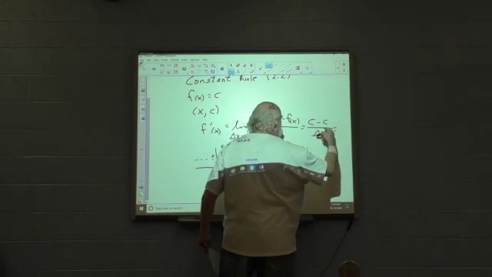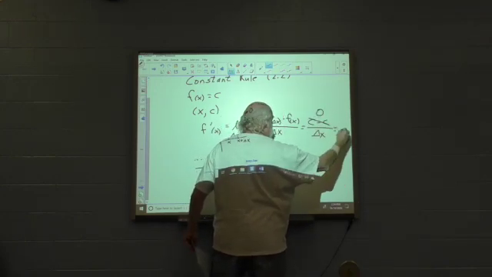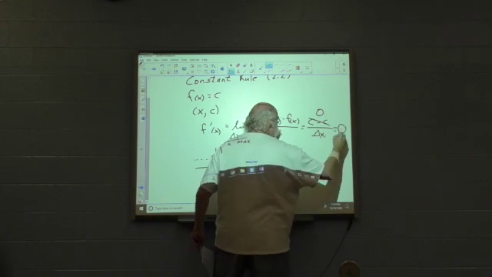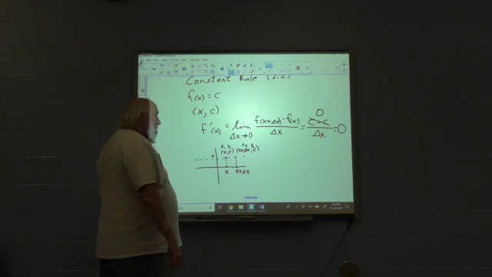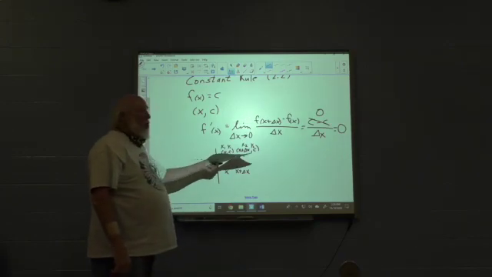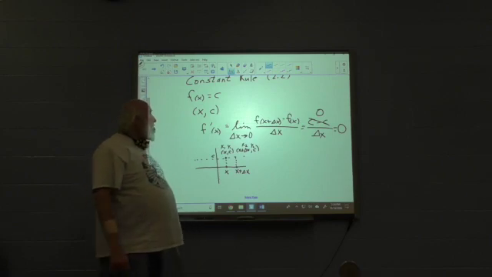Well, c minus c is 0, and so this is 0 over delta x, so this gives us a value of 0. That's our slope. Well, yeah, this is a horizontal line, and horizontal lines give us slopes of 0.